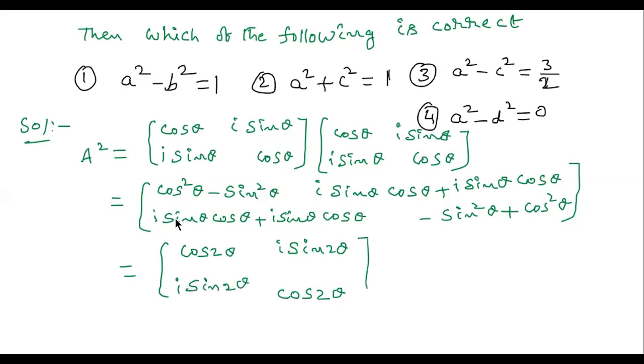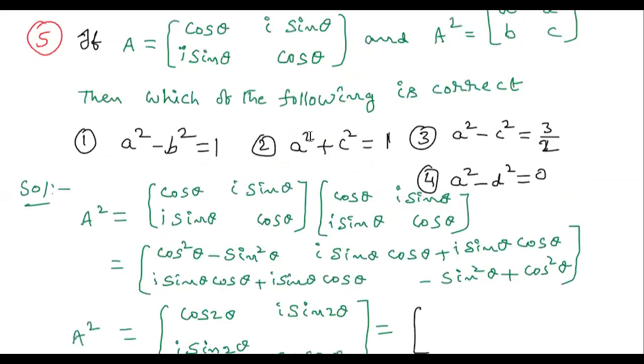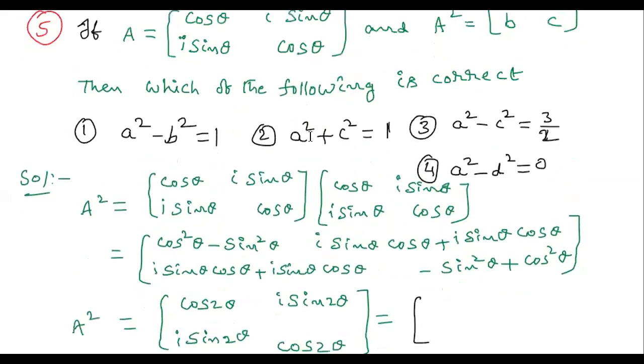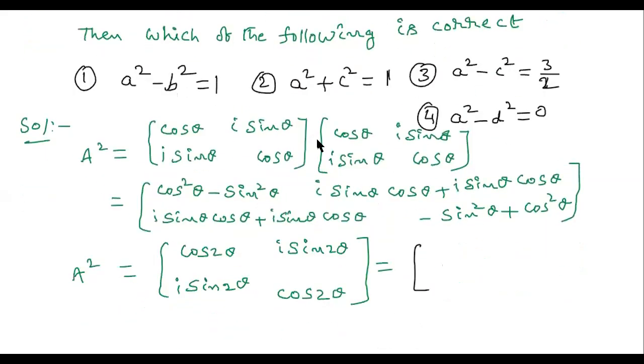So this is the A square matrix, but already given, what is that? See that in the A square matrix, they are going to A, B, C, D. Right, here this is A, B, C, D. Now compare that, observe the options. I am going to observe the first option, A square minus B square.